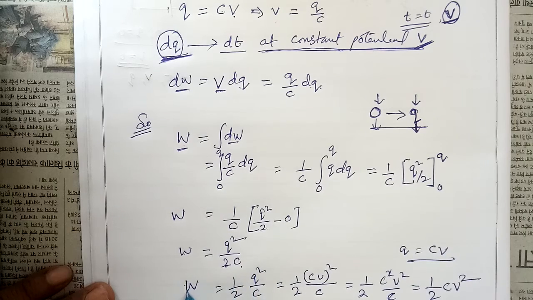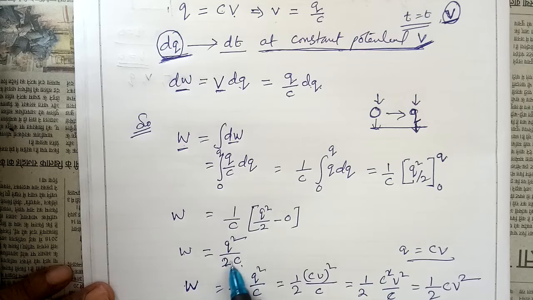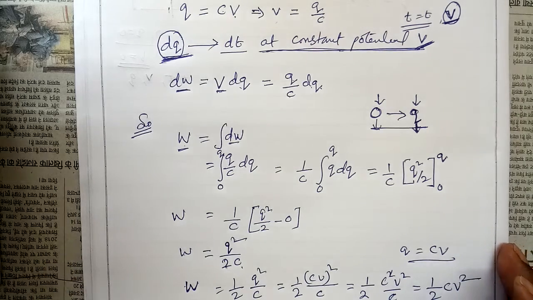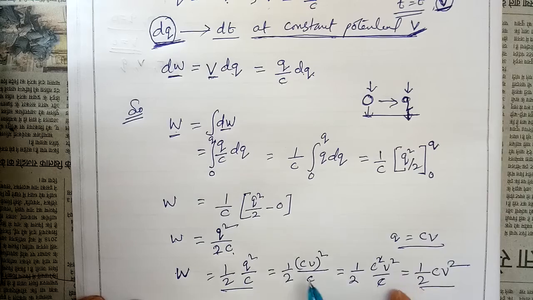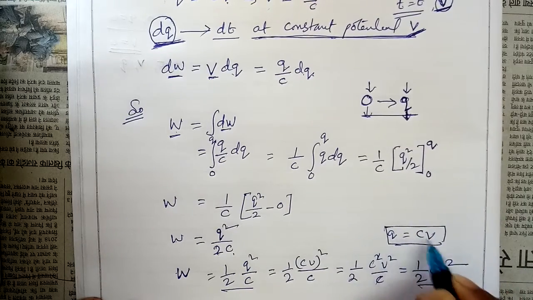This much work is required to charge the capacitor to a charge of q on each plate, but we can have different expressions for work done by substituting using q equal to CV.